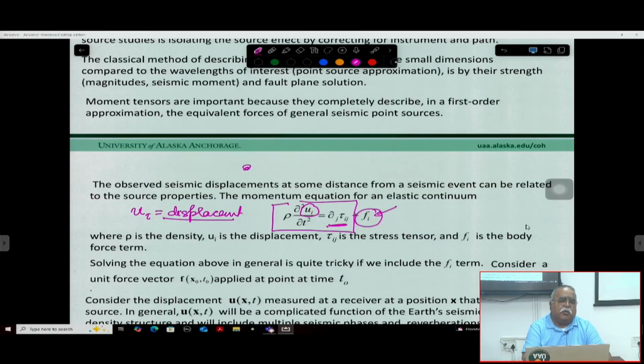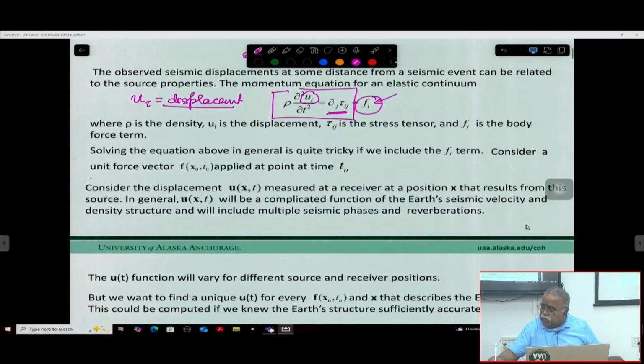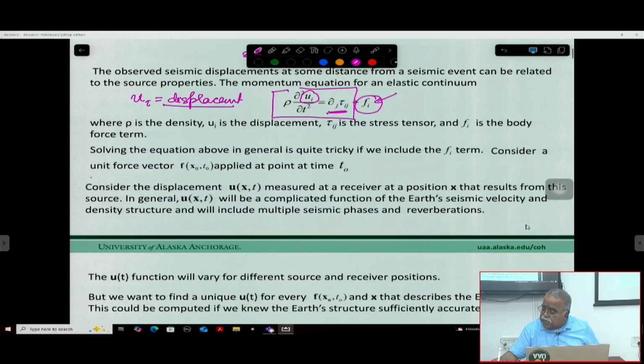Okay. Now, the displacement at the fault is created due to the application of a force. So we are including a term which we designate as Fx0 and T0.